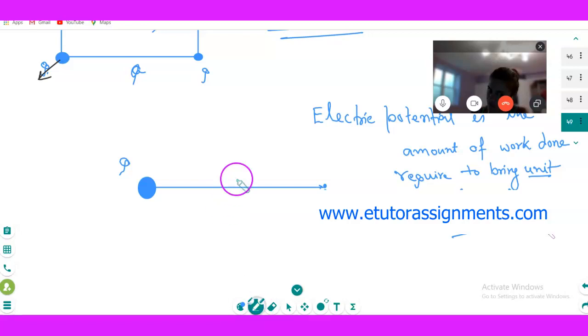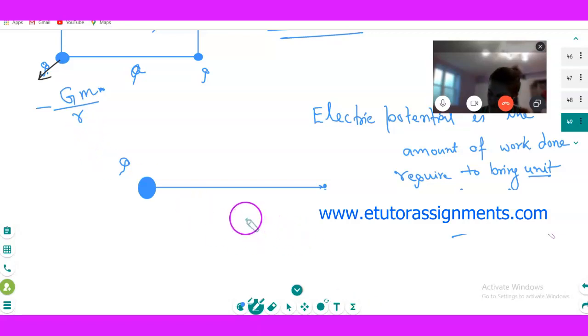Similarly, what was it in gravitational potential? Gm by R, it was there, no? If M1 M2 is 1, then Gm1 by R, correct or not?